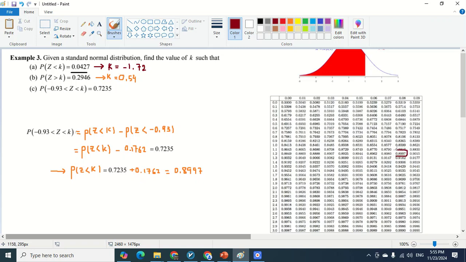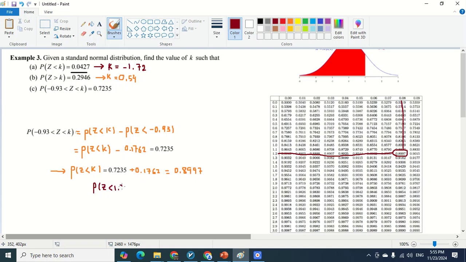At this point we can find the value 0.8997. The corresponding values at the top and at the left side of this value determine the k. So we realize from the table that the probability of z is less than 1.2.